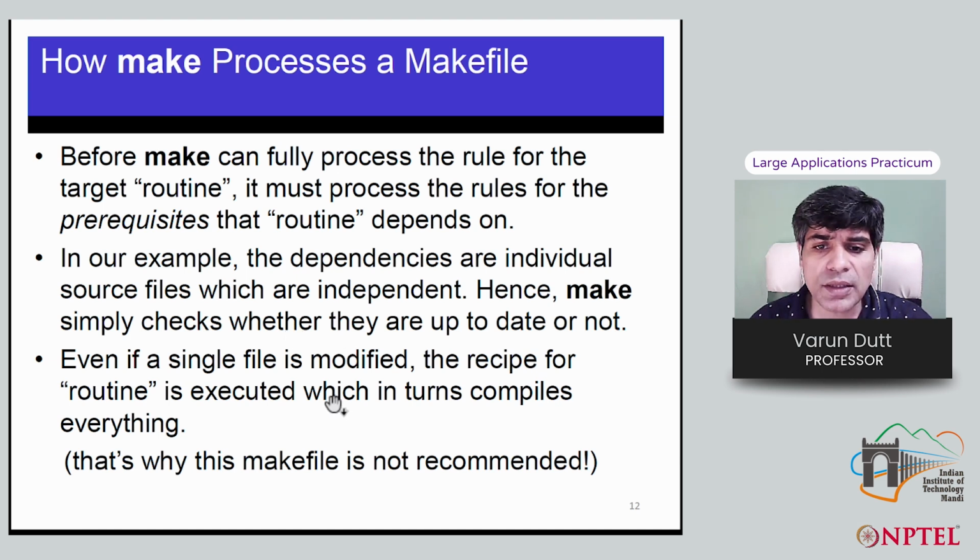Even if a single file is modified, the recipe for routine is executed, which in turn compiles everything. Therefore, the Makefile which I showed you in the last lecture is not efficient, because even if we change one file, the g++ command will execute over all the files and will recompile even those files which had not changed, which is inefficient.